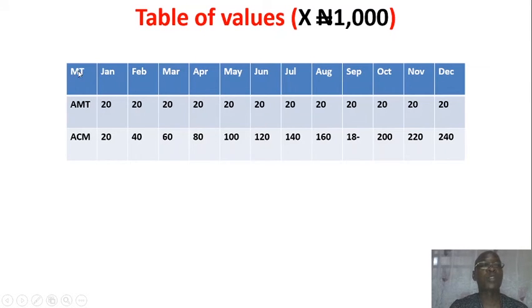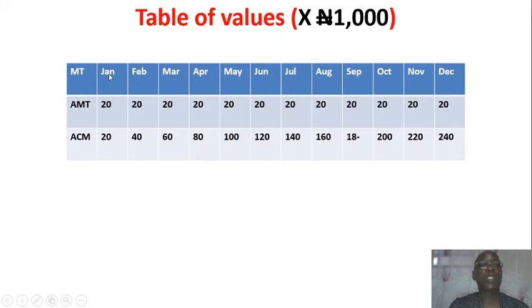The months run from January down to December, a period of 12 months. The amount per month is 20,000 naira. Then the accumulation at the end of the month is what we are having here. So we call month x and we call the accumulation y.